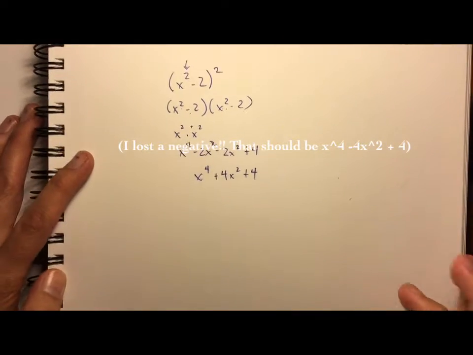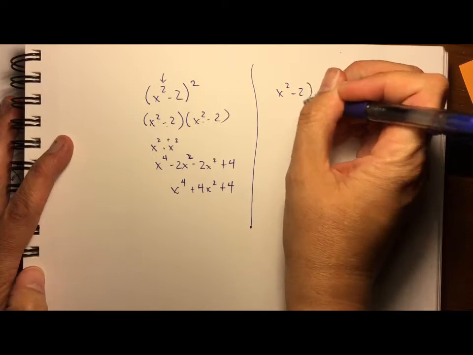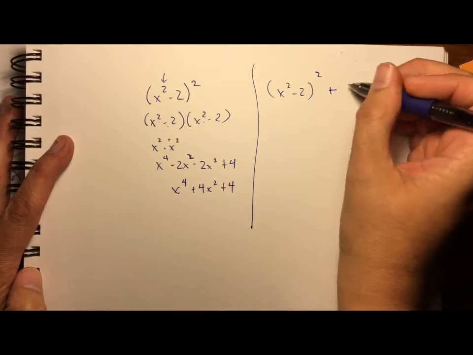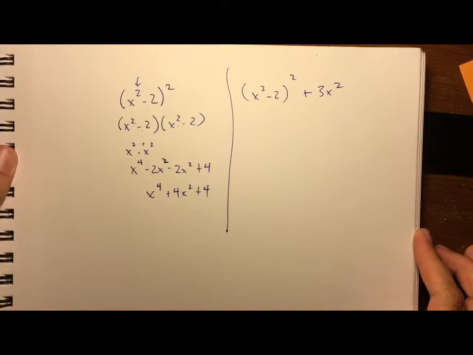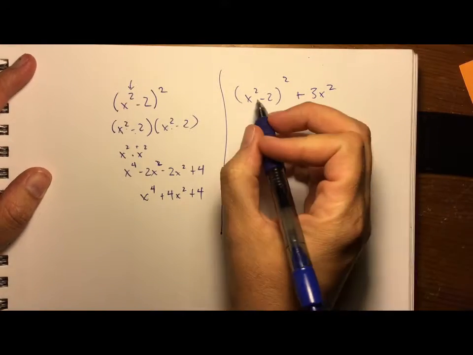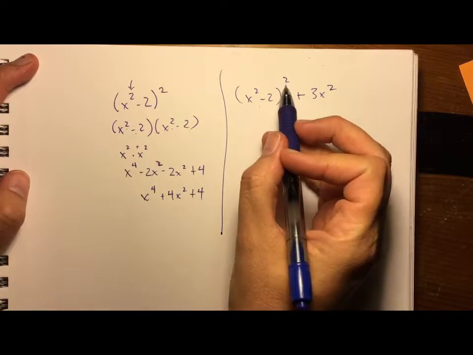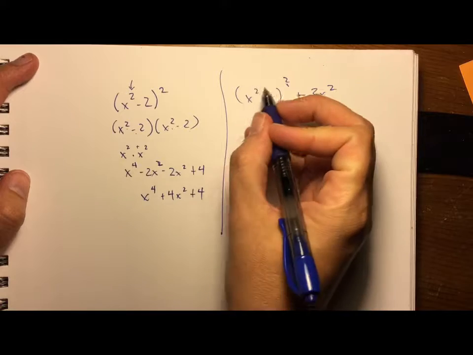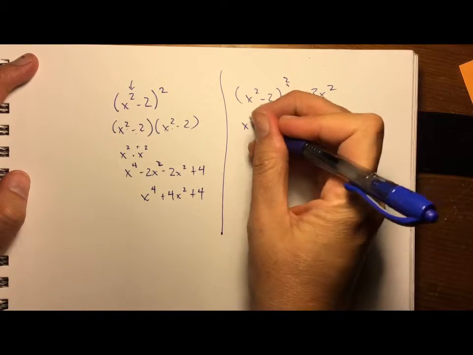Now let's say we have something a little bit different: (x squared minus 2) squared plus 3x squared, and it says to simplify. We do the same thing and FOIL this out. One trick to foiling a square is to square the first one, so x squared squared is x to the 4th.